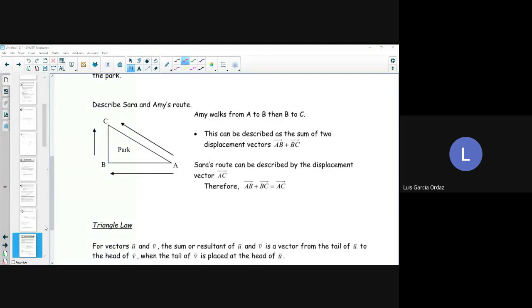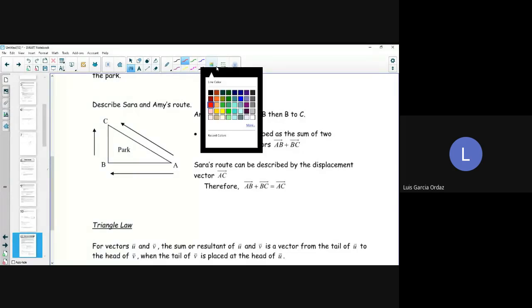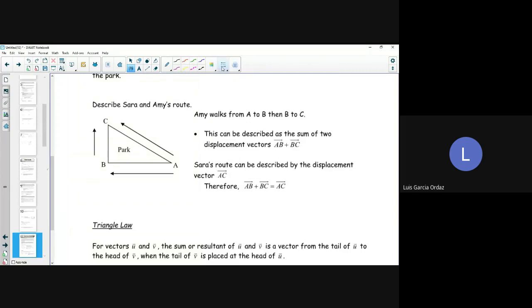She's going to go from A to B, and then she's going to go from B to C to get across the park. Sarah just literally wants to go across, which is AC, which is also the same thing as saying vector AB plus vector BC is equal to vector AC.